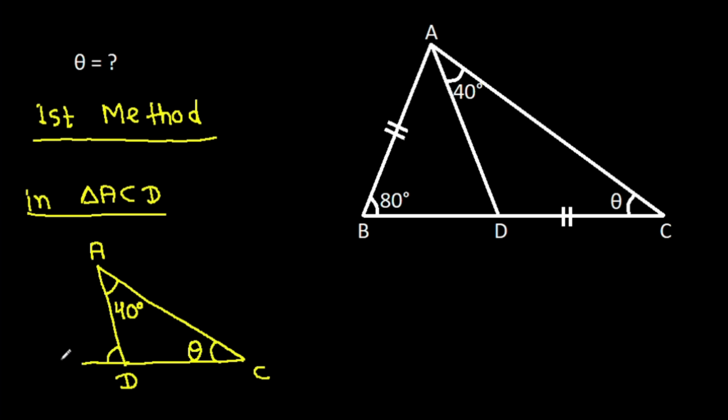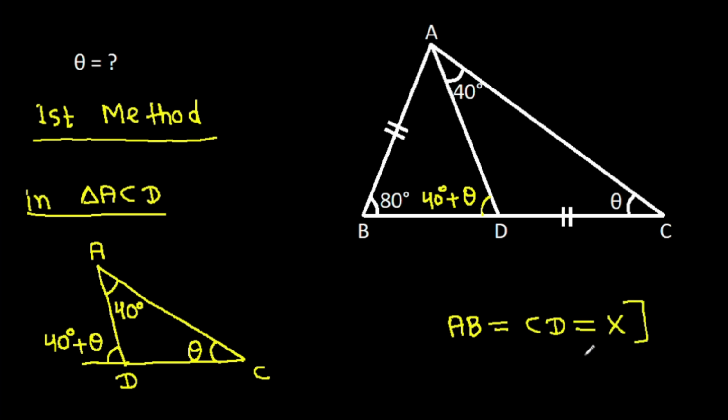So this angle will be 40 degrees plus theta. And we have AB is equal to CD. Suppose X. If AB is X, then CD will also be X.